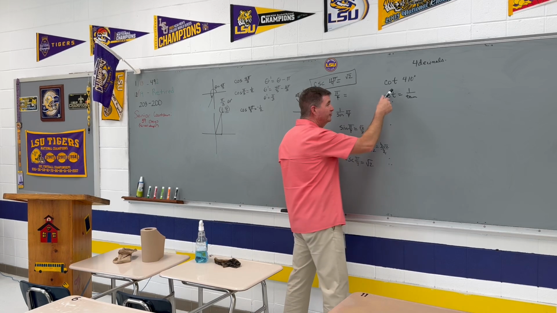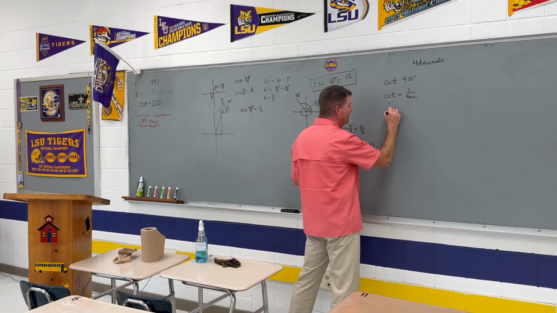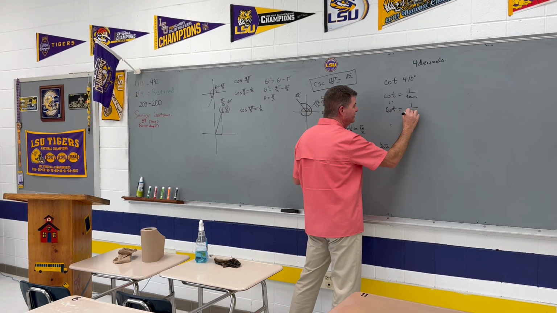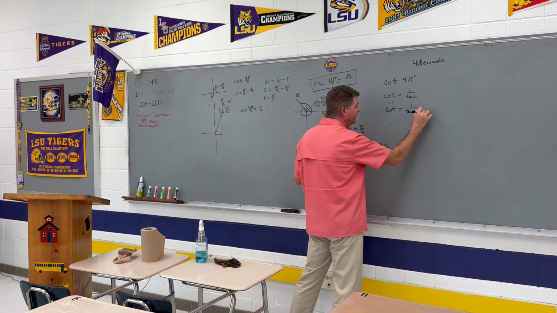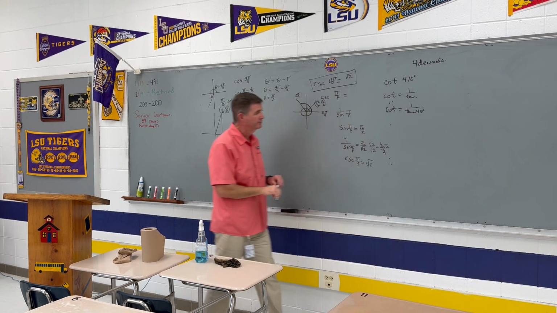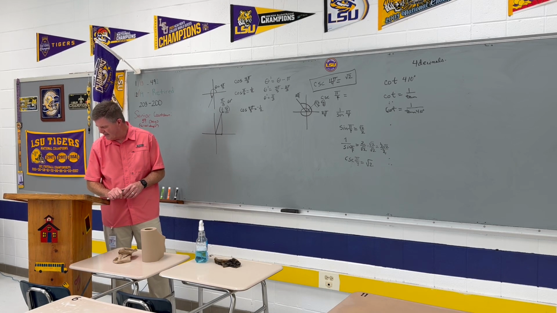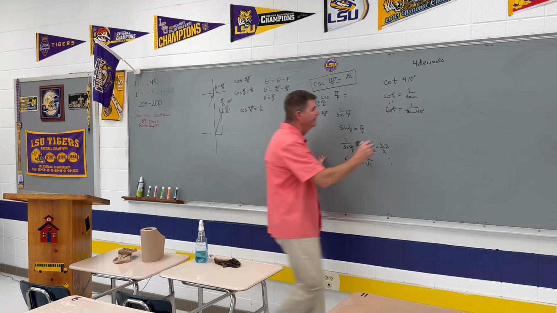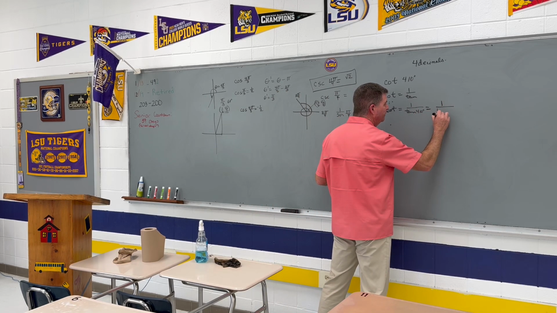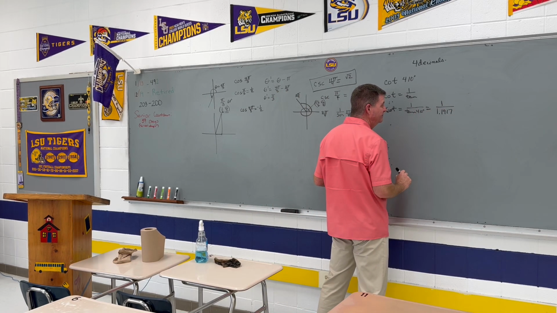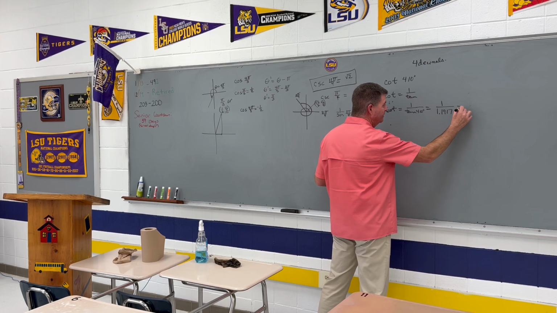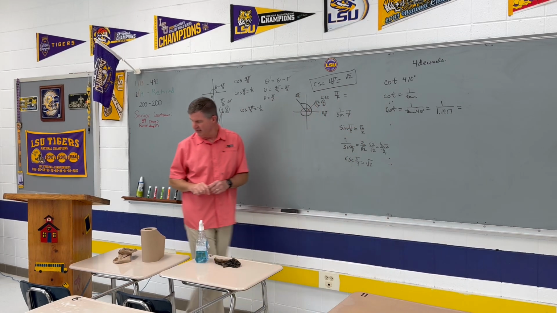So I'm looking for the cotangent, which is equal to 1 over the tangent of 410 degrees. We punch that in and we come up with the tangent being 1.1917. This is 1 over 1.1917. And when we hit the inverse button, or 1 over that, we come up with the answer.